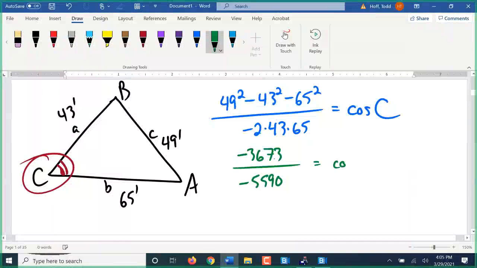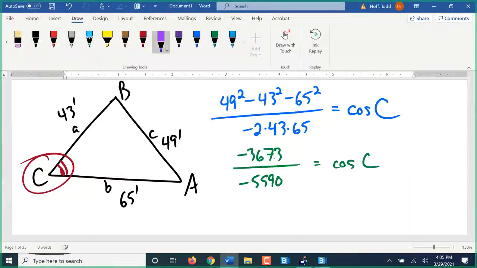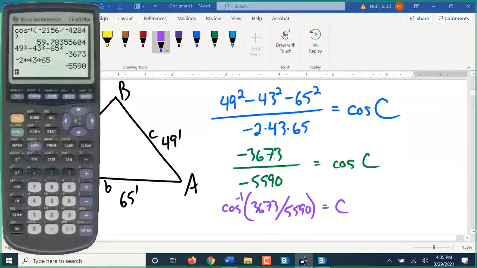That equals the cosine of C. Now, I'm actually going to drop the negatives. We know a negative divided by a negative is a positive, right? I'm not even going to waste the time putting in both those negatives. Inverse cosine of 3673 divided by 5590 equals C, which is 86.24 degrees.